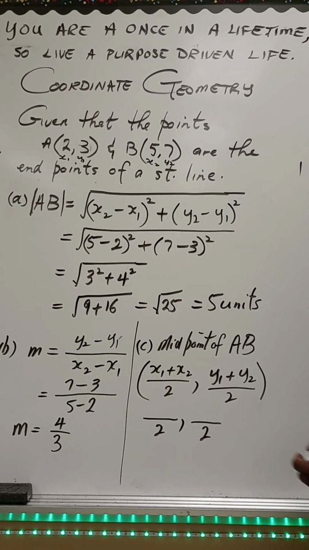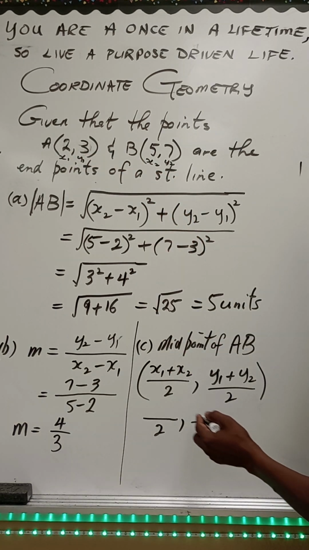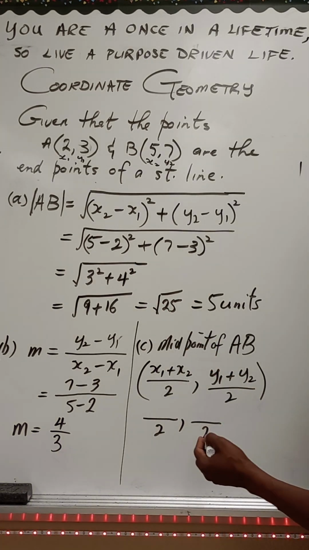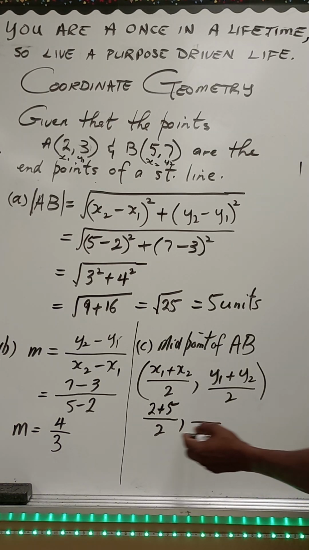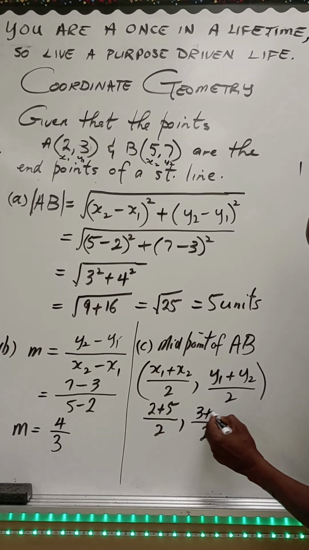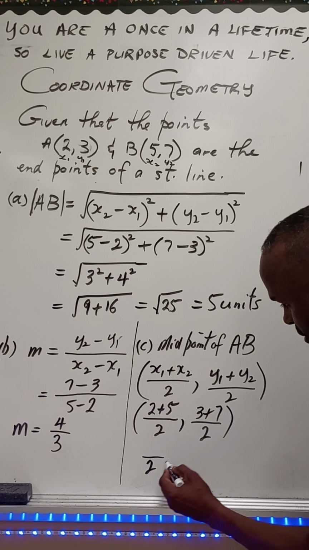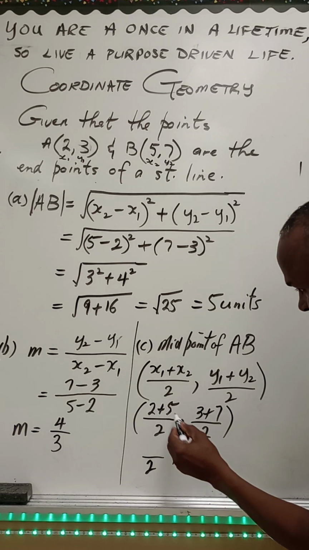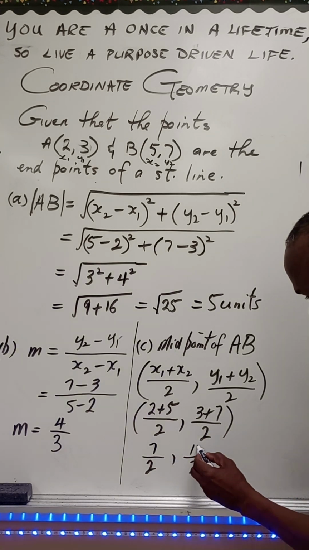We're going to locate our x1, x2, which is 2 plus 5, divided by 2, of course, because we find the midpoint, and 3 plus 7, divided by 2 again. 2 plus 5 is 7, and 3 plus 7 is 10.